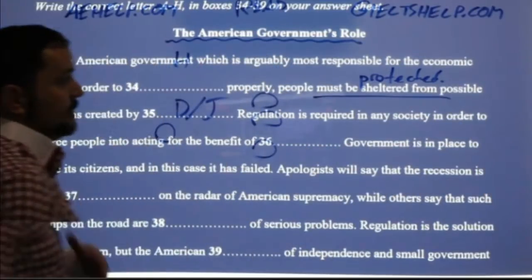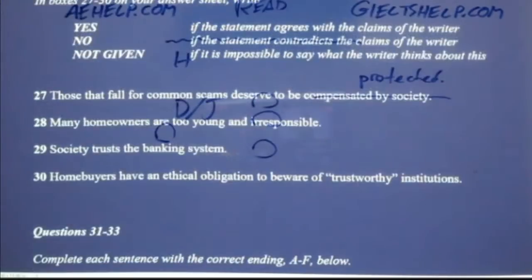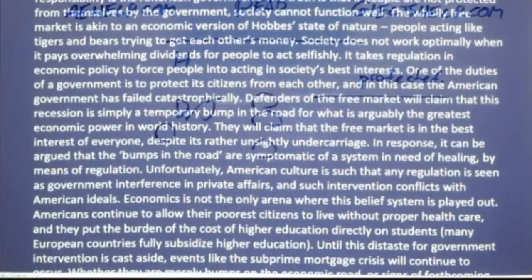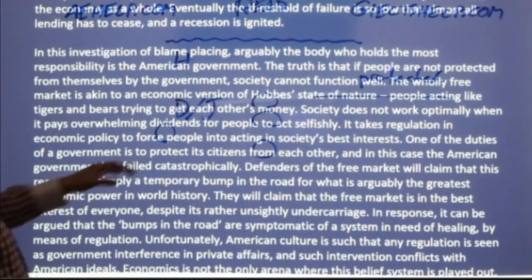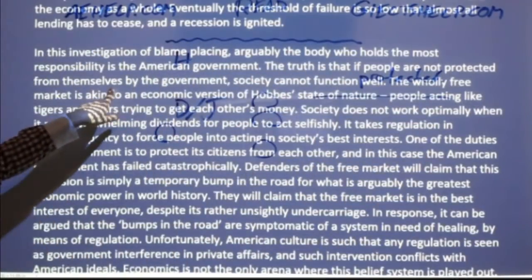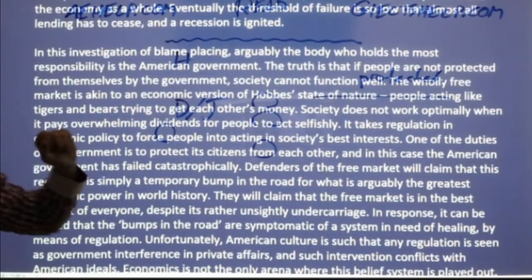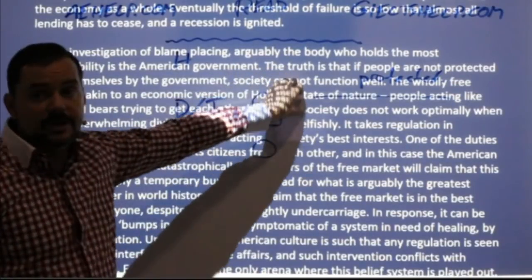If I'm a fast reader, I can go back to that paragraph and look for what people must be protected or sheltered from. The truth is that people are not protected from themselves by the government. So now I know the answer is definitely "themselves," because this question is a summary of this paragraph.